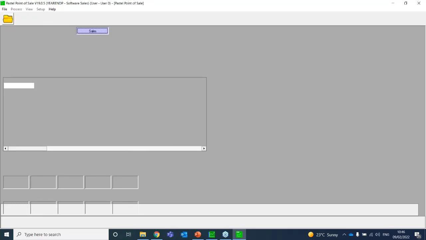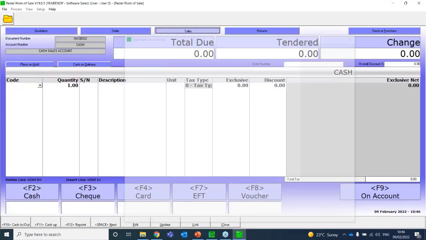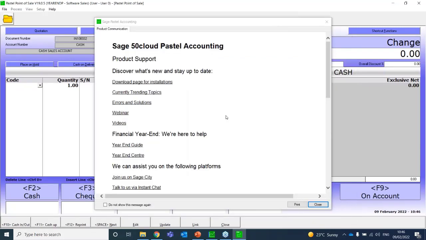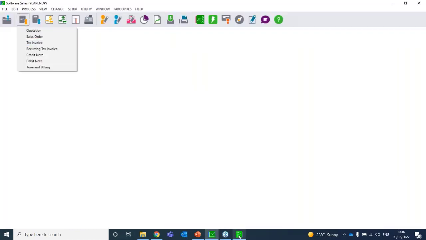If you've actually processed your sales returns from within point of sale, those cannot be on hold or COD. And the question that I've been asked is why? Because transactions or documents processed from within Pastel can.